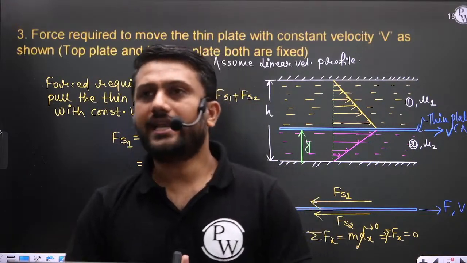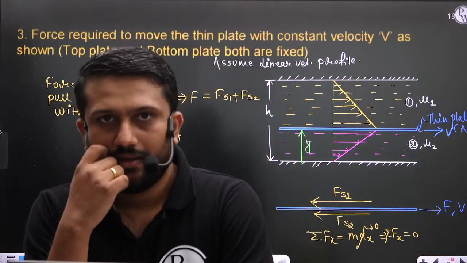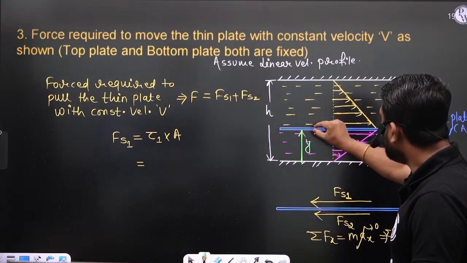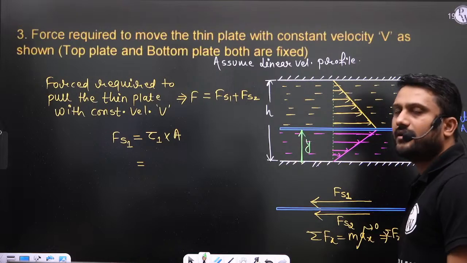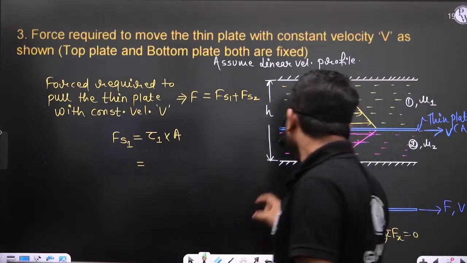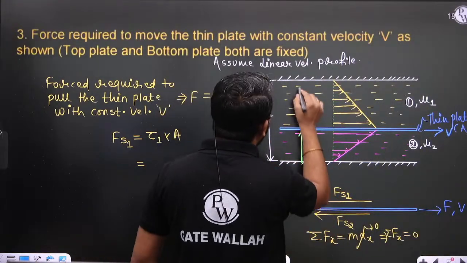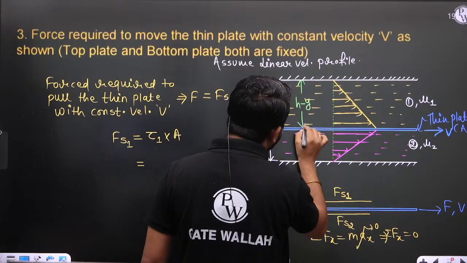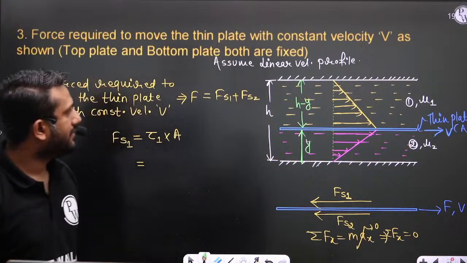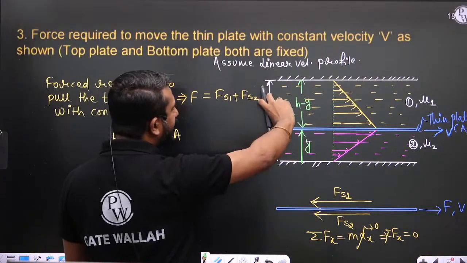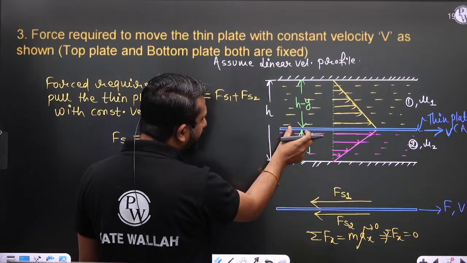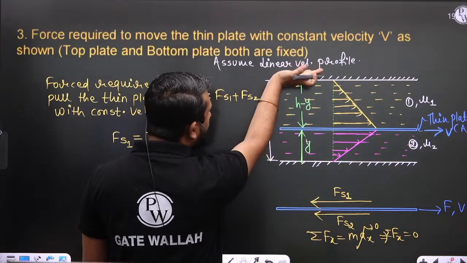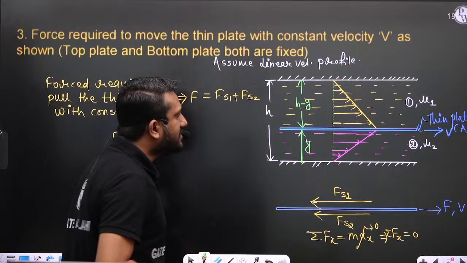The total gap is h, and this thin plate is at a distance y from the bottom plate. So if this is y, what about this? This is h minus y. So the distance to the top plate is h minus y.